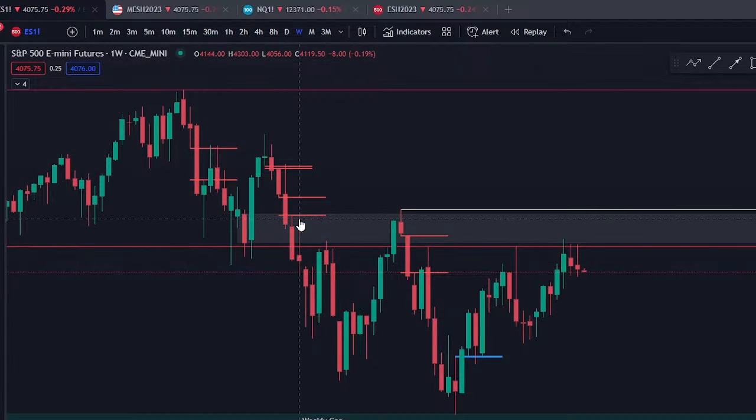Boom, got one touch into the breaker, got rejected. Came back, second touch into the weekly breaker, got rejected, and came back. We still, at least on this chart, have not closed above the weekly breaker from March of last year. Came down and then here we are again. So that's one way of viewing it.